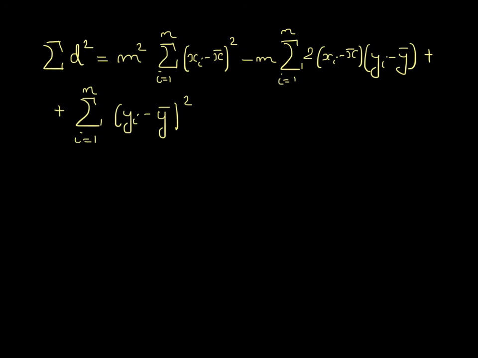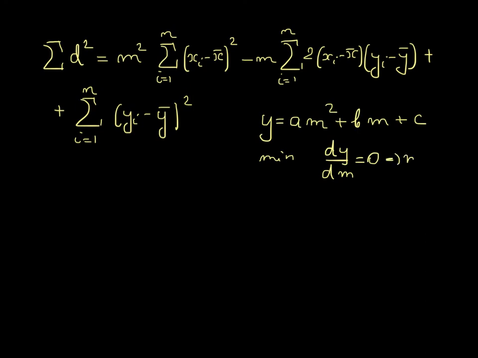So we end up with a quadratic expression. It's like a m squared minus b m plus c, and y equals a m squared plus bm plus c is minimum for dy by dm equals 0, so for m equals minus b over 2a.